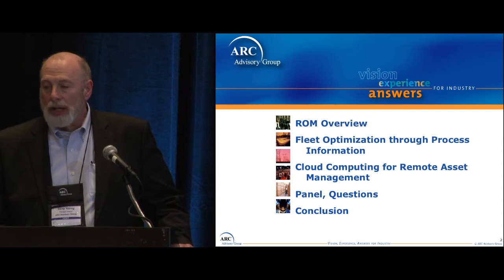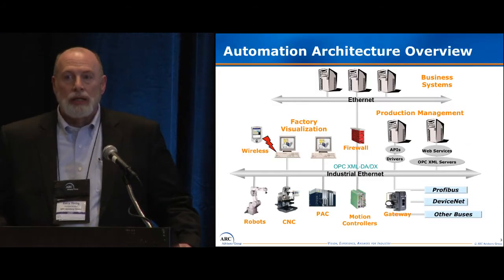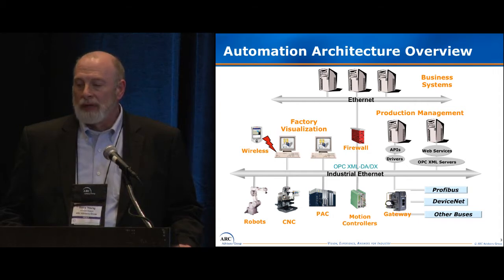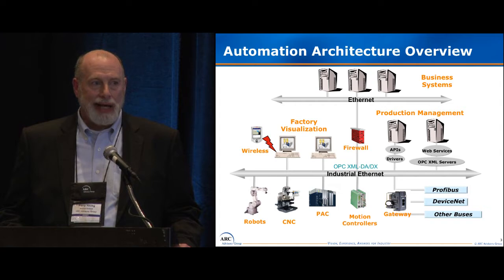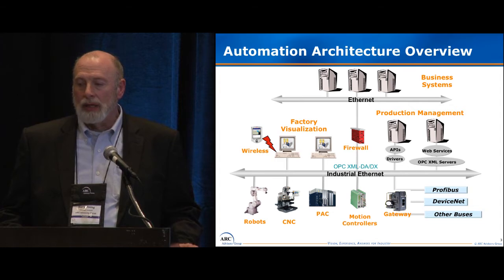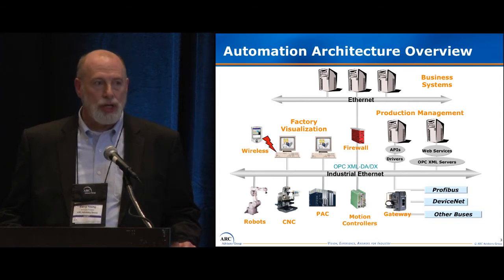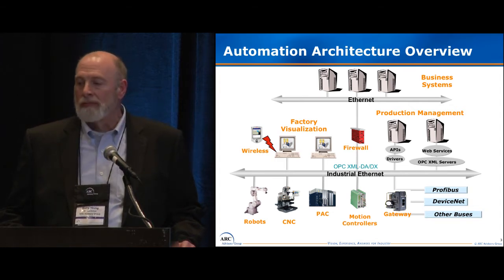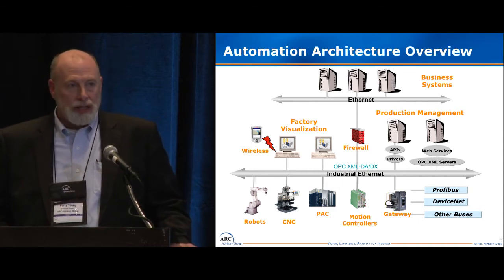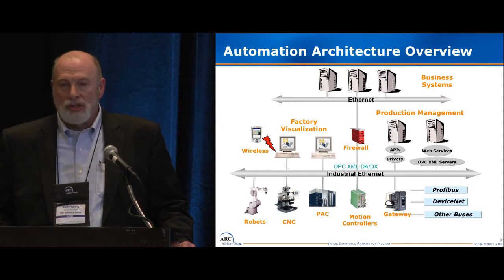So the typical automation architecture that most of you have seen, at the lowest level here, we have CNC packs, controllers, gateways, connected over a high-speed Ethernet, industrial Ethernet, and then at the mid-level we have some kind of visualization, HMI software, production management software, and finally at the highest level, business systems or ERP type systems.